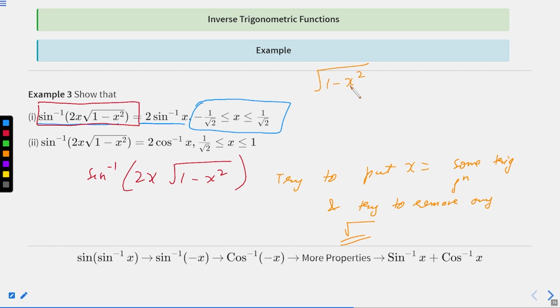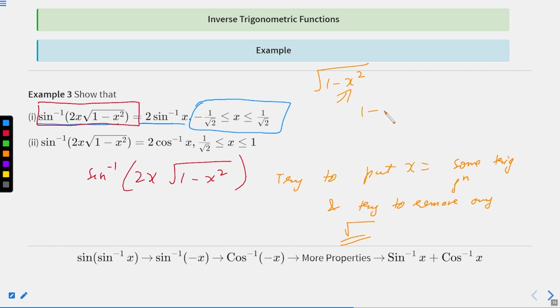So what can I put in place of x so that I can easily remove this? You know that 1 plus tan square x is equal to sec square x. Yes, from this... no, I cannot use this. Okay, no problem. Let me use a different one.